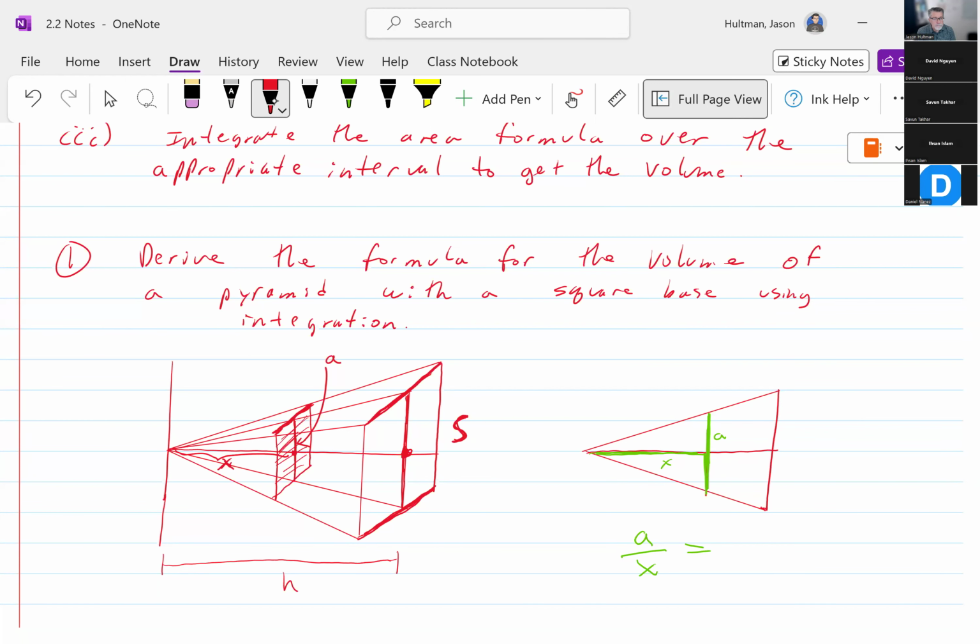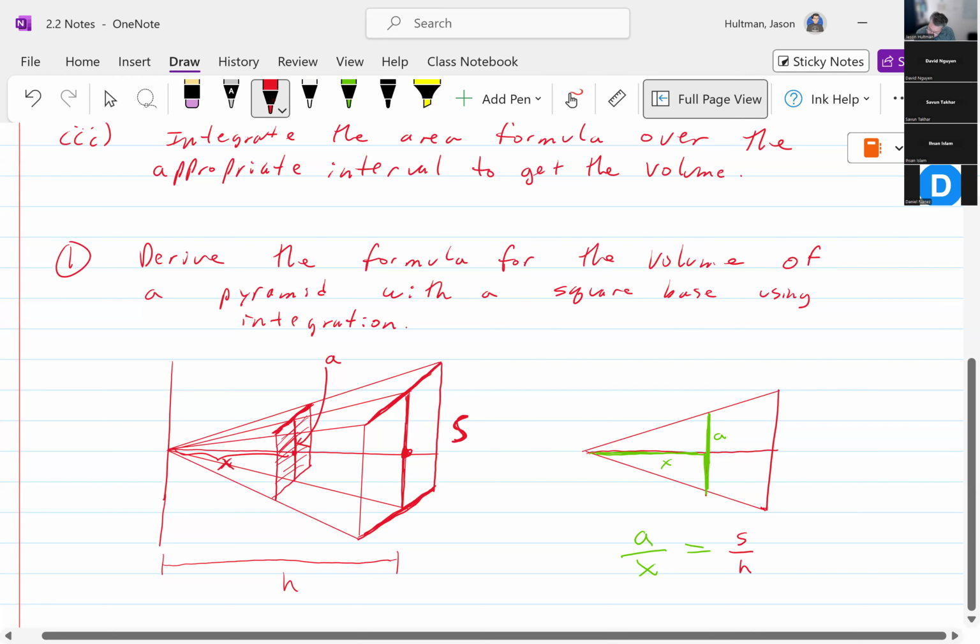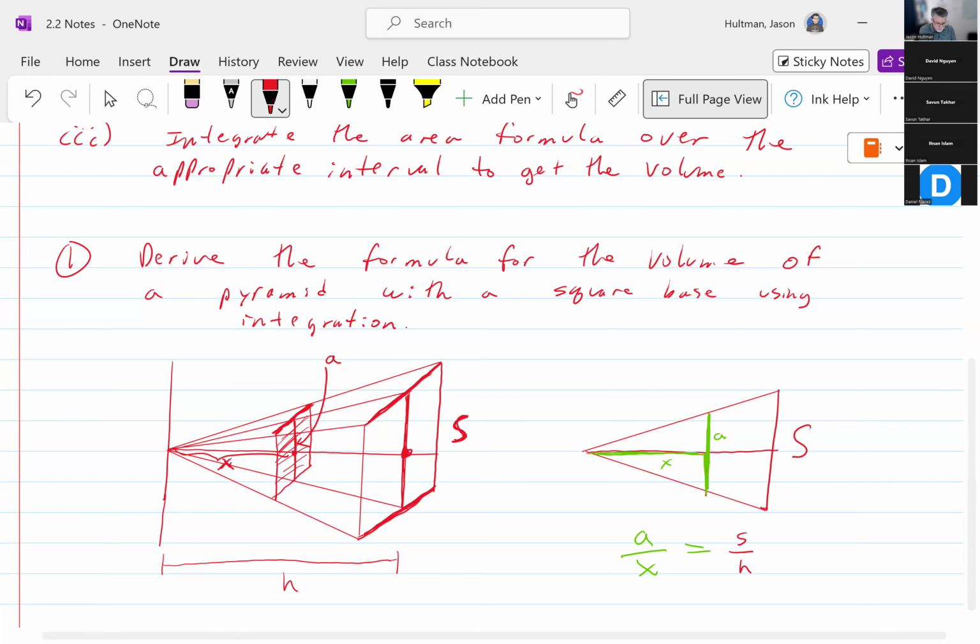Is it S over H? It is. It is S over H, because this was S and this whole thing was H. Make sense?